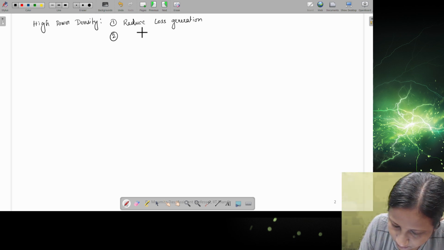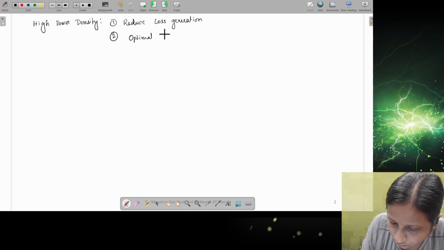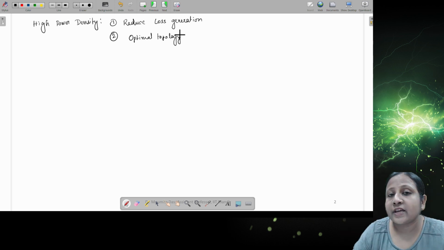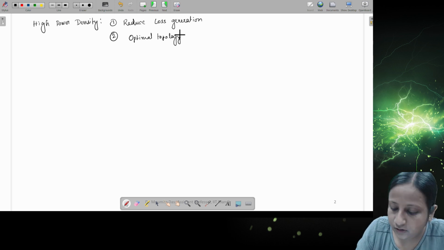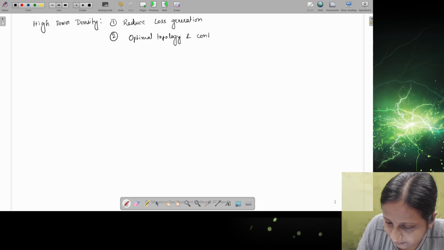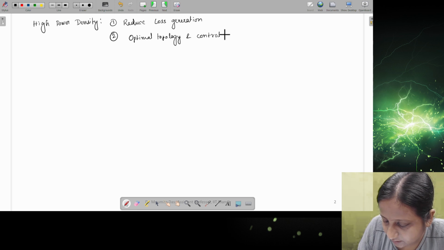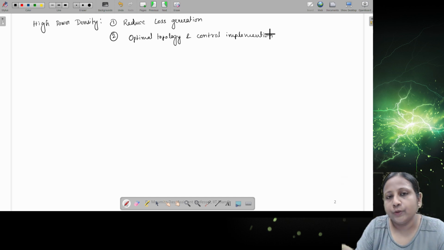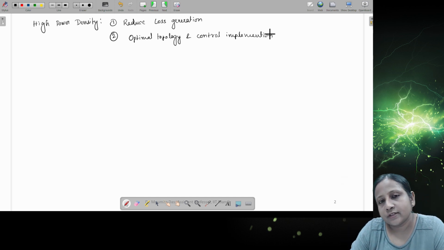Second is the optimal topology, which I have mentioned as advanced circuit topology. This selection and control implementation will help to achieve a high power density system.